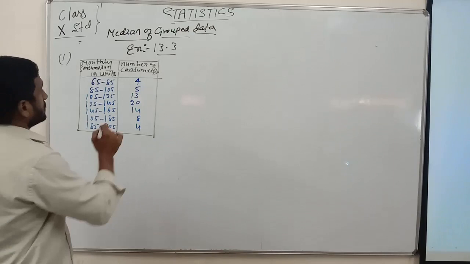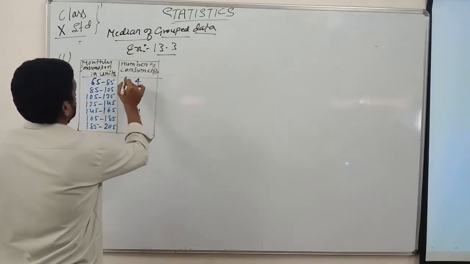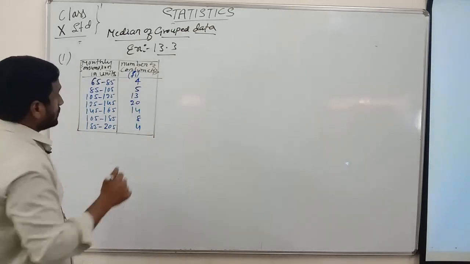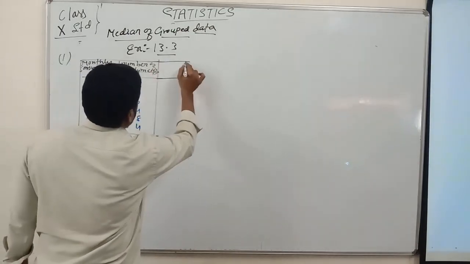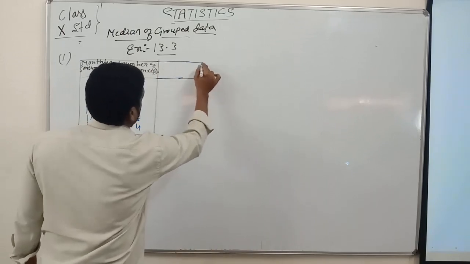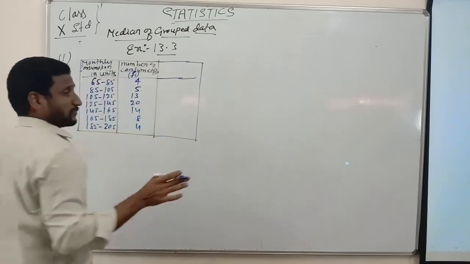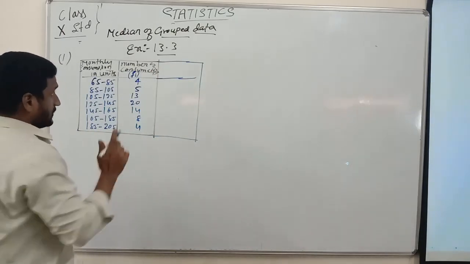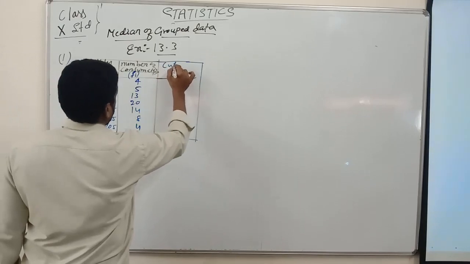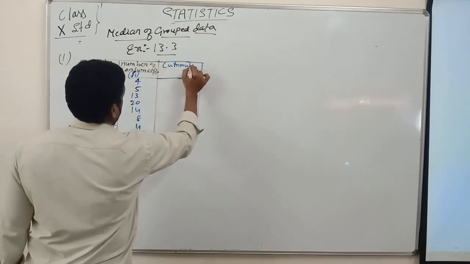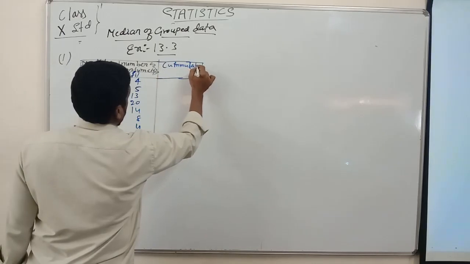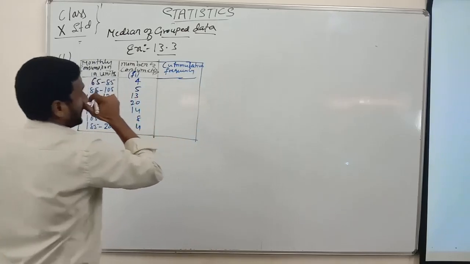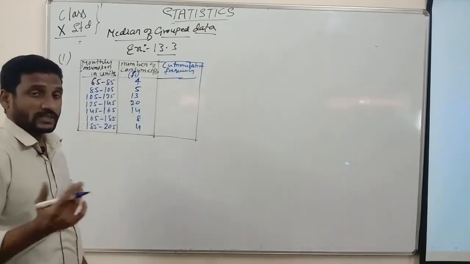Number of consumers is nothing but the frequency, fi, given. To calculate the median here, it is not necessary to take any class mark like in mean. We only take the cumulative frequency.